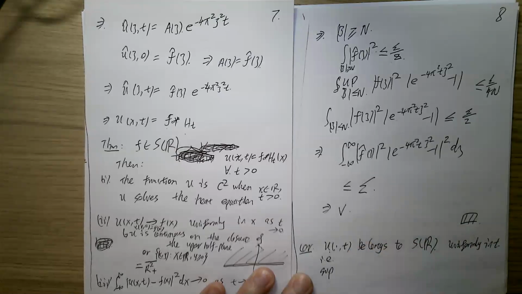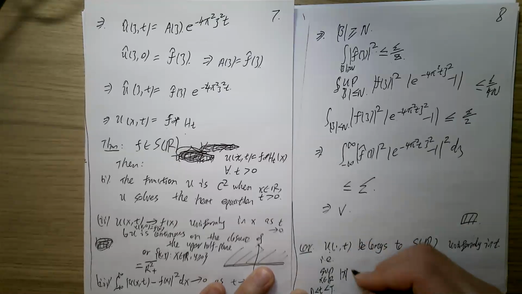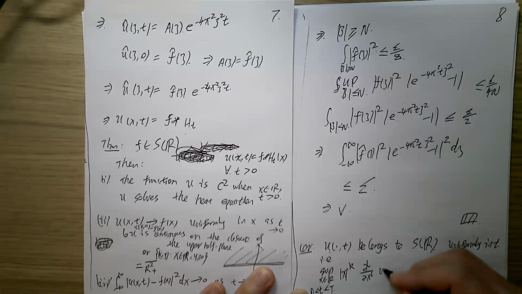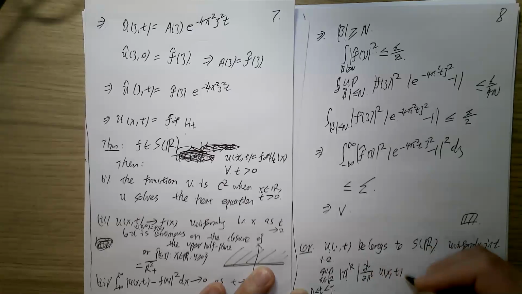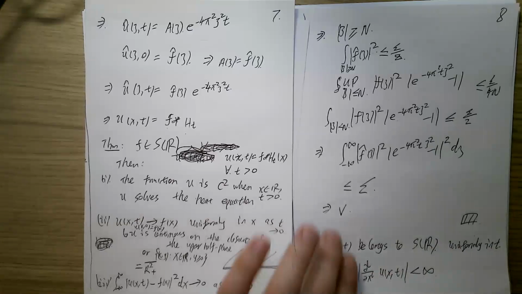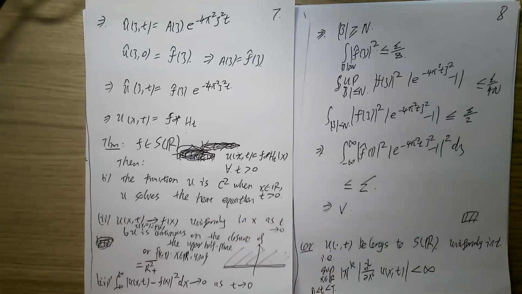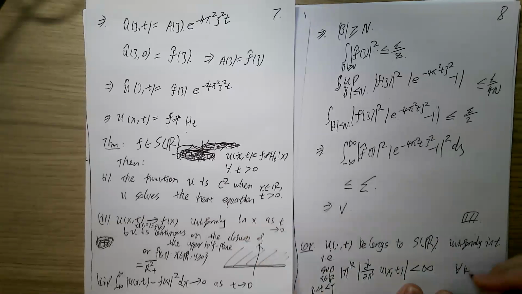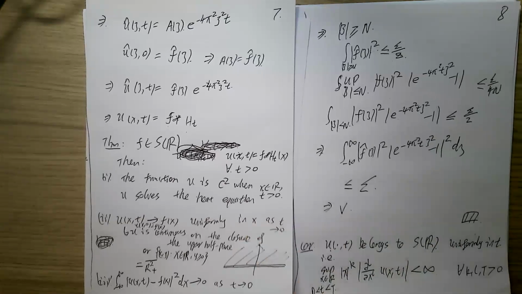In the sense that the supremum, for any finite T, of x to the power k and partial to the power l partial x to the power l of u(x, t), for any finite time interval, this is always less than infinity, for all k, l, and t greater than 0.